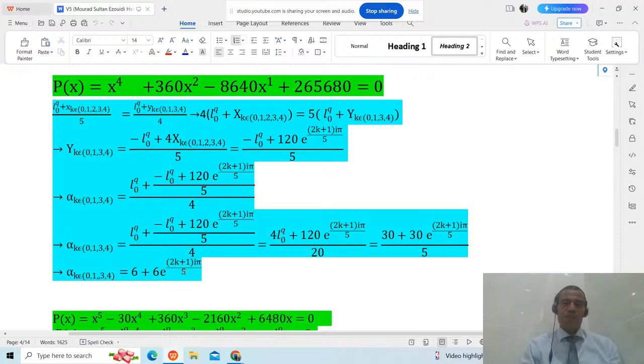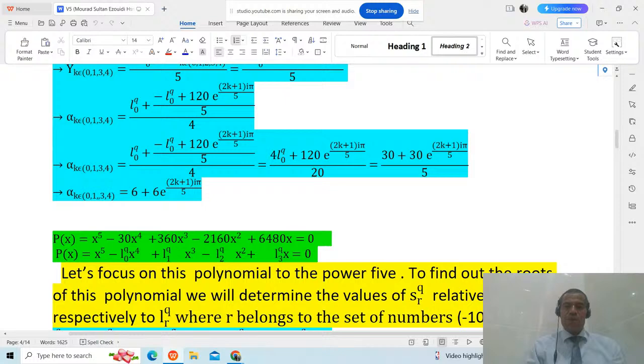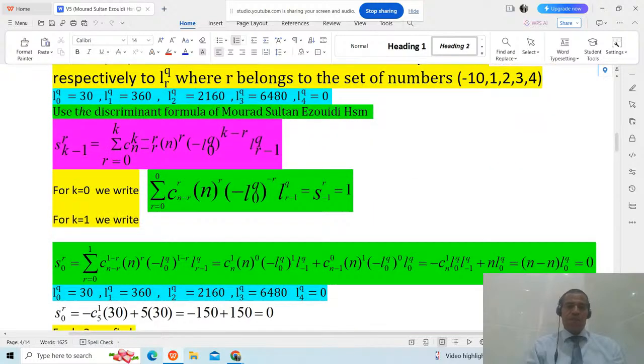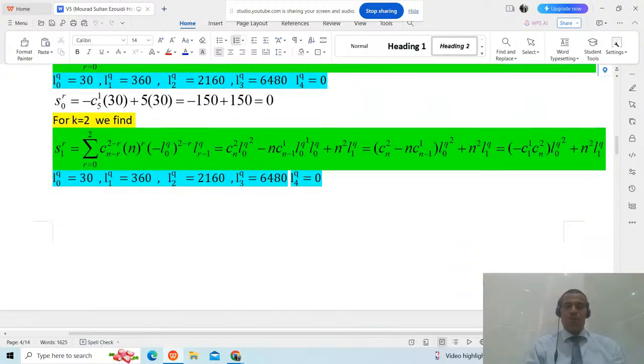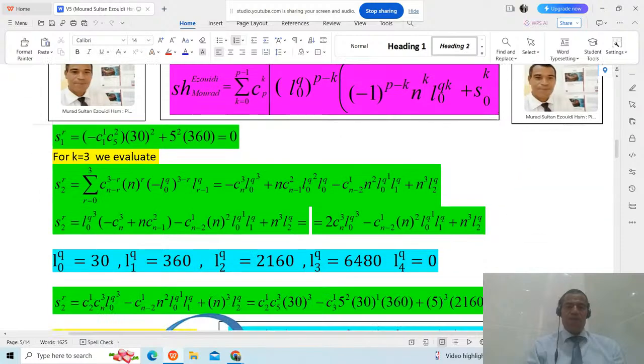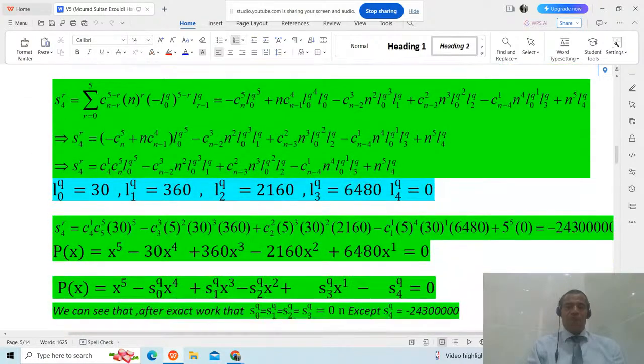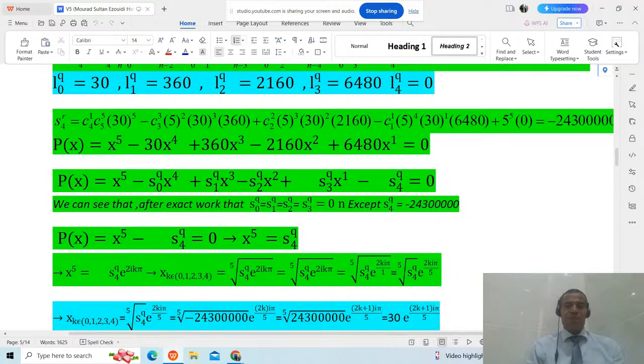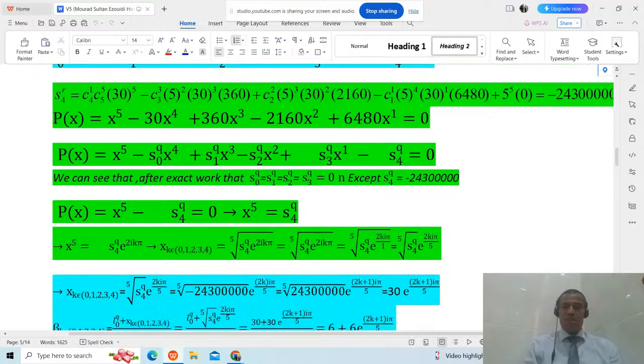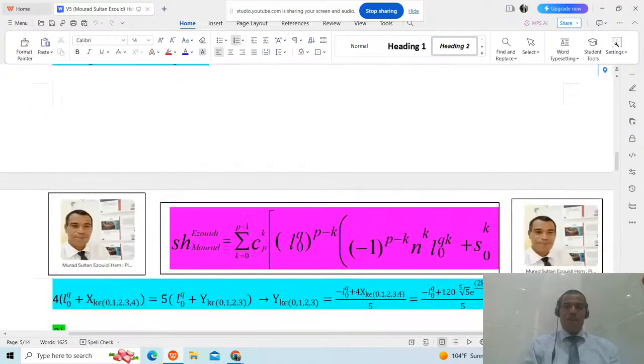Now, learners, we will proceed. We are going to focus on the new polynomial now. Is everyone ready for solving this polynomial at the same time? Now, Murad Zwidi Sultan shows you the method, and this method is very important and generalized.